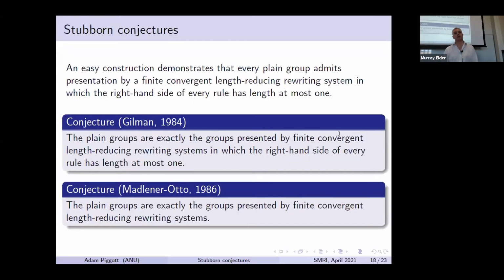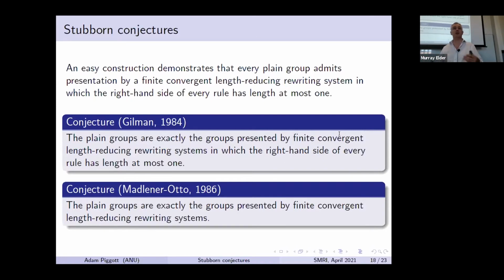All right, so here are some more stubborn conjectures. We've already talked about this construction that shows that for every plane group, you can get a finite convergent length reducing rewriting system in which the right-hand side of every rule has length at most 1. You take your multiplication tables for your finite components and just write those down. And then for the infinite cyclic components, you take a generator x1 and its inverse, x1 inverse.